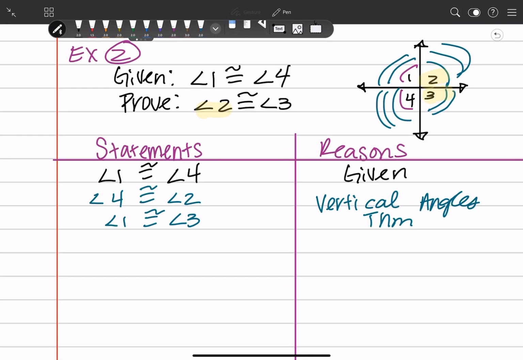If angle 1 is congruent to angle 4, and angle 4 is congruent to angle 2, then we know that angle 1 is congruent to angle 2. Well, we still need to get it to where angle 2 is congruent to angle 3.